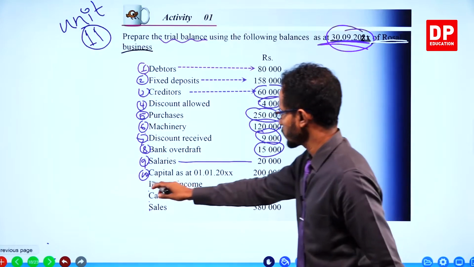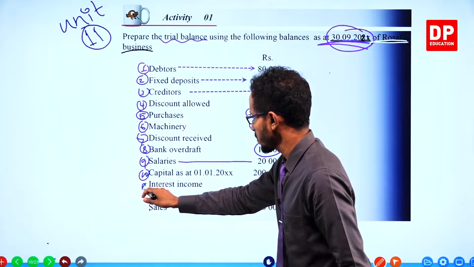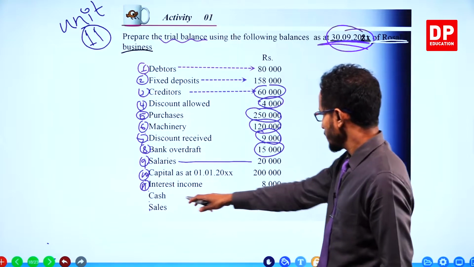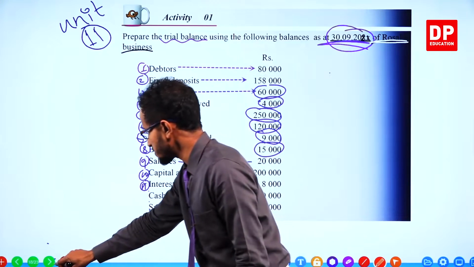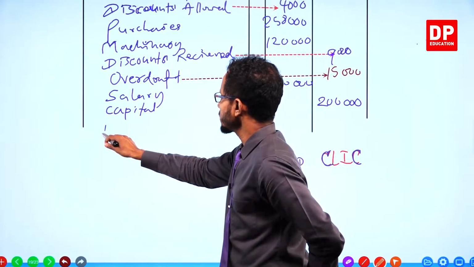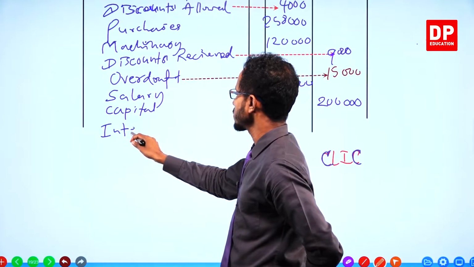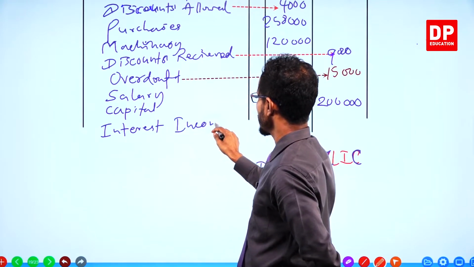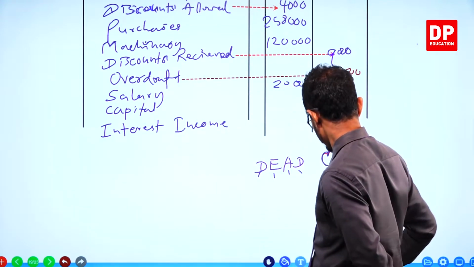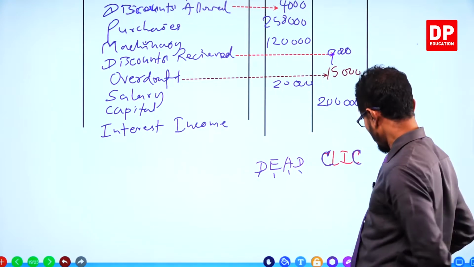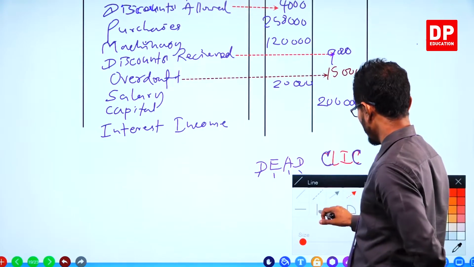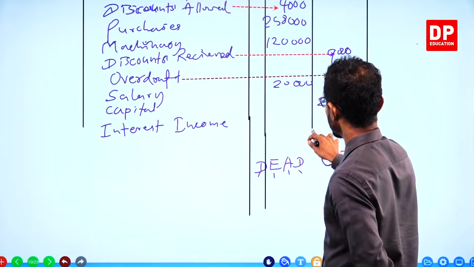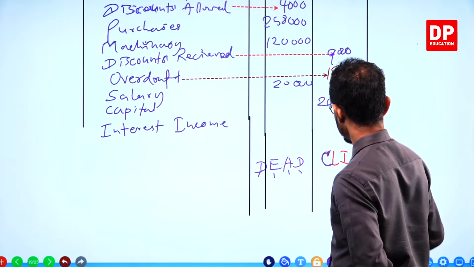Is that all? No, we have 3 more. See the 11th item, interest income 8,000. Let's take interest income and write down interest income. We need more lines, so extend the lines a little bit.